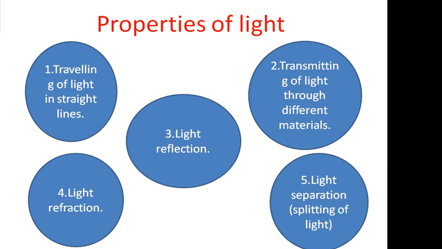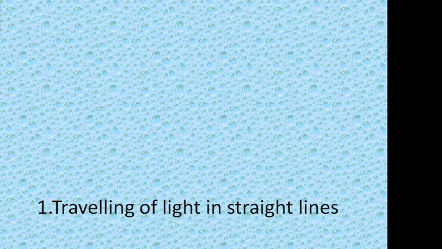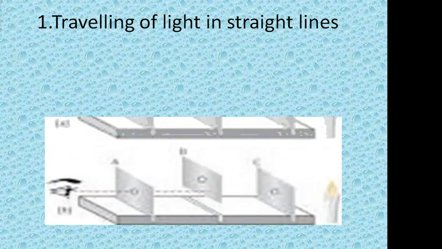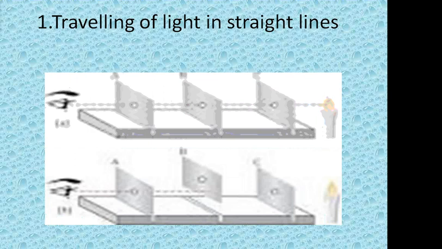Firstly, we will talk about the traveling of light in a straight line. We will do an experiment in our lab to prove that light transmits in straight lines. As you see in the picture, place 3 partitions on a straight line in front of a candle.